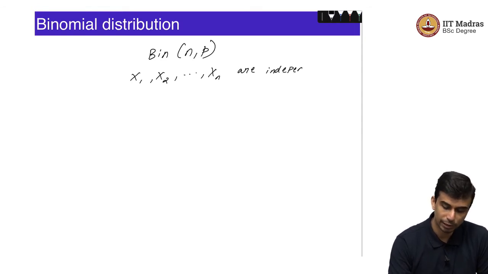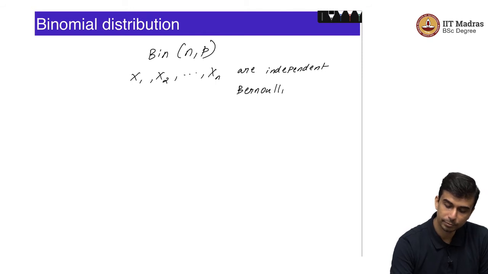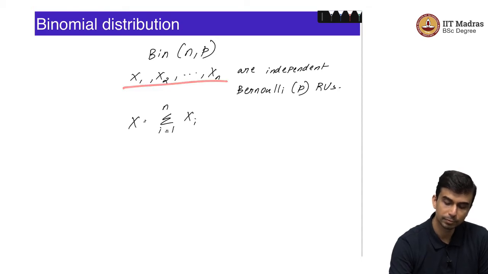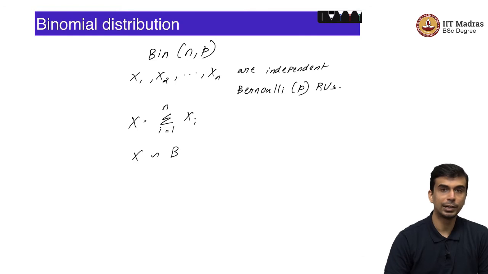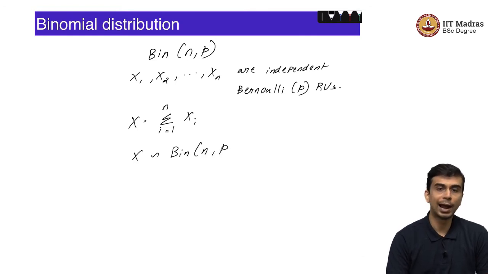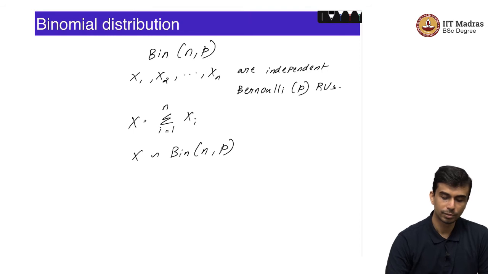Let us say you have x1, x2, dot dot dot, xn, which are independent Bernoulli p random variables, and you define x to be equal to the sum over i equal to 1 to n of xi. Each of these is a Bernoulli random variable and they are independent, and you add all of them to get x. In this case, x would be distributed as binomial of n comma p.